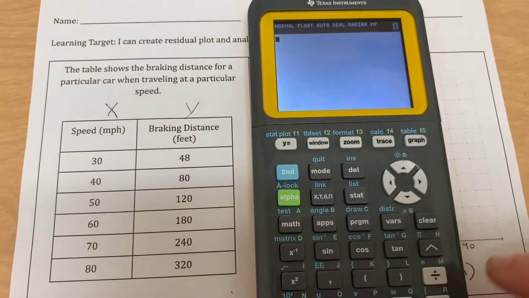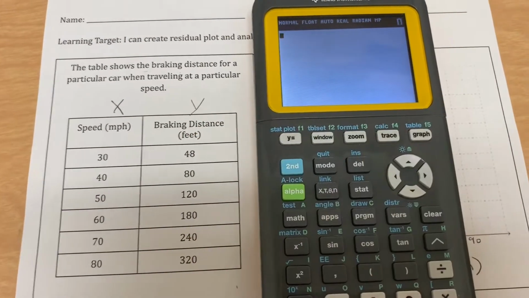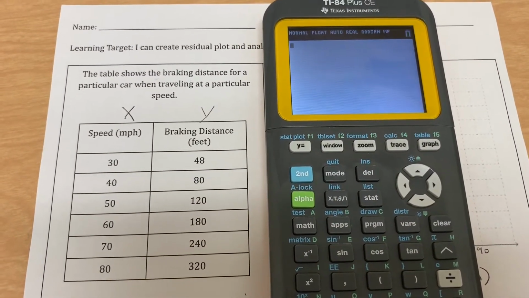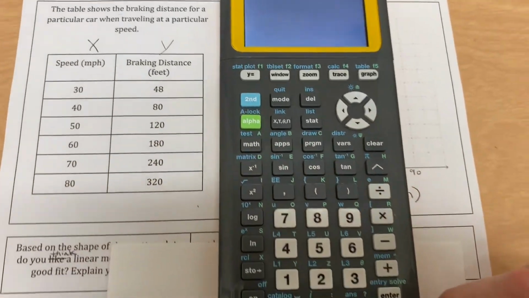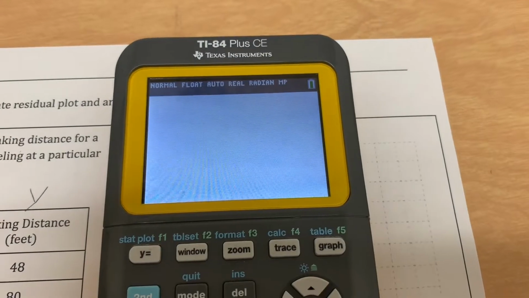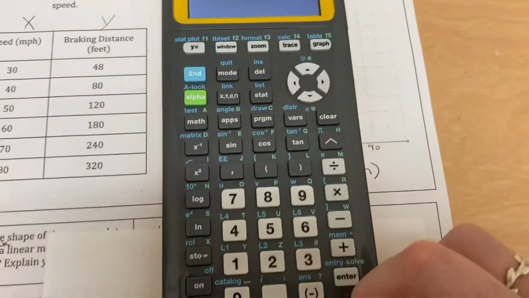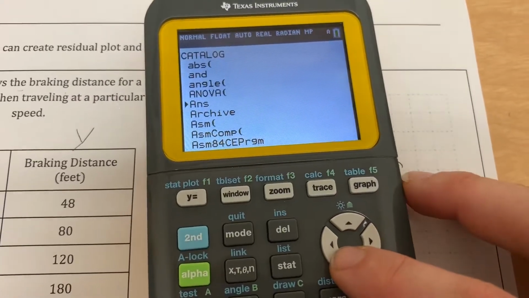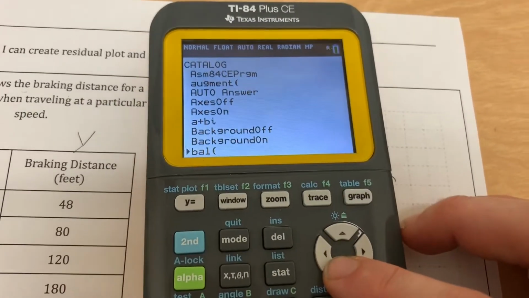We have this data table right here, and we're going to put that into our calculator. But first, before we do that, we have to press second, catalog. Your calculator's going to have a little blinking arrow. We have to scroll all the way down to the D's.